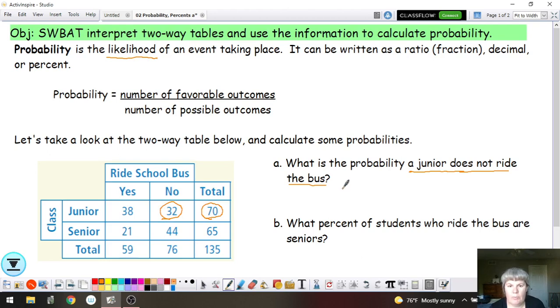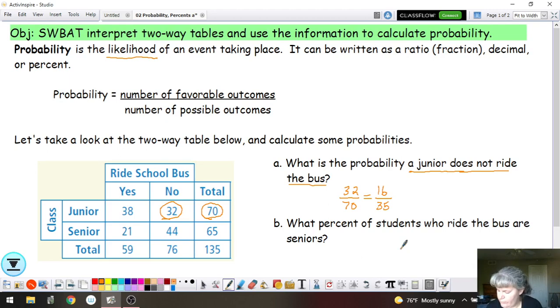So my probability that a junior does not ride the bus would be 32 out of 70. Now I need to simplify this. Because they're both even, I can divide both of those by 2, and that would be 16 over 35.